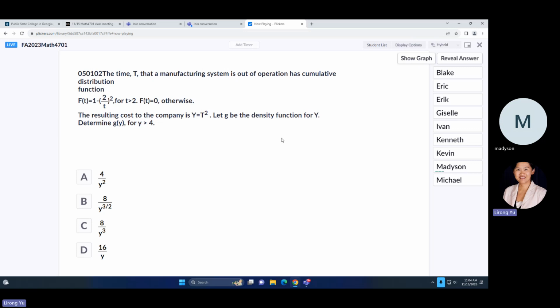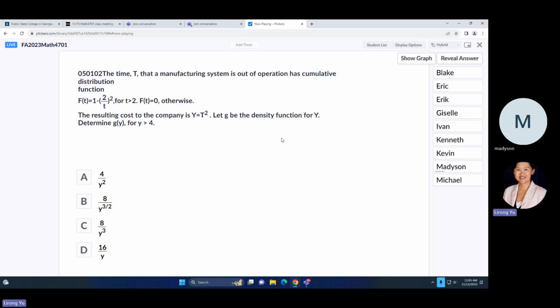So then T has a cumulative distribution function, F of t, defined for t values higher than 2. So that guarantees this number is positive. It is also guaranteed that the value when t goes to infinity is 1.